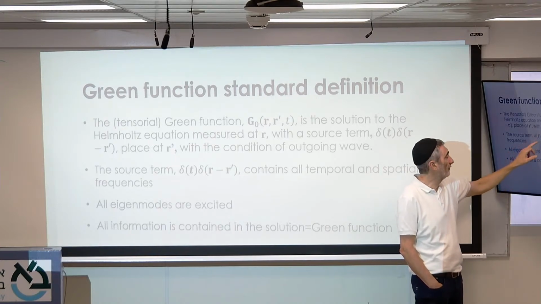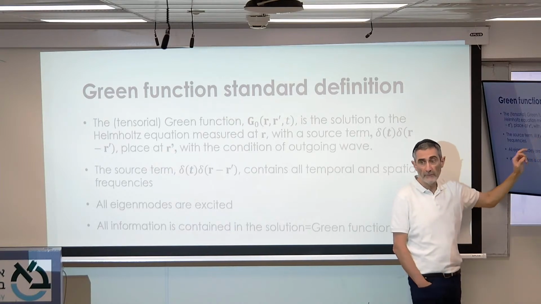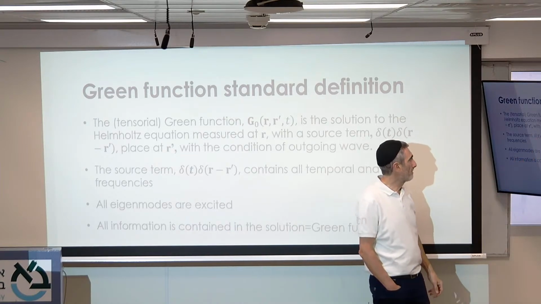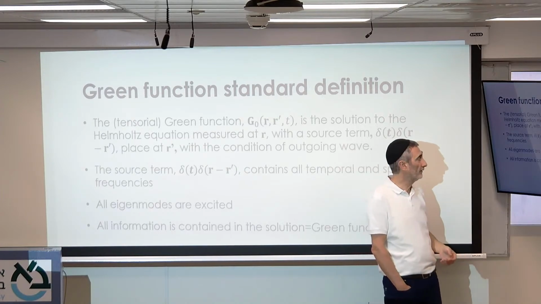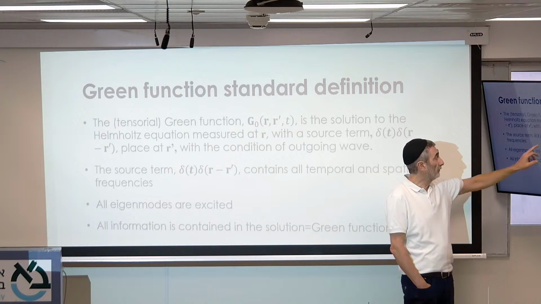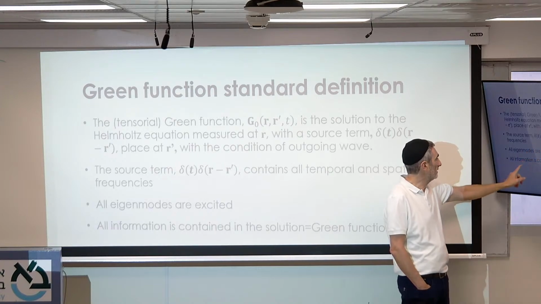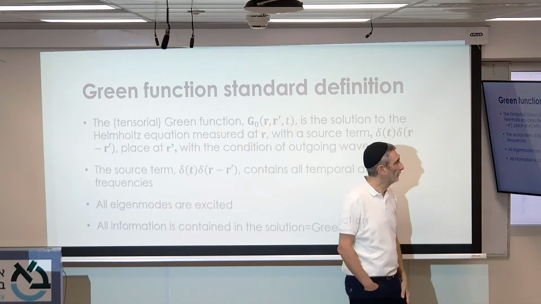Temporal from this term and spatial from this term. All the k vectors and all the omega. This way, you probe the system fully thanks to this large spectrum. So all eigenmodes are excited because you are exciting all the frequencies and all the modes. All information is contained in the solution. That's the Green function.